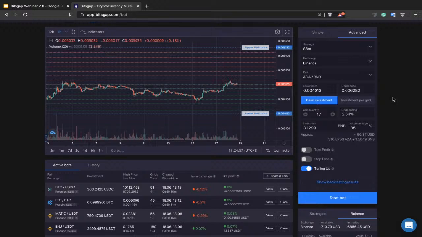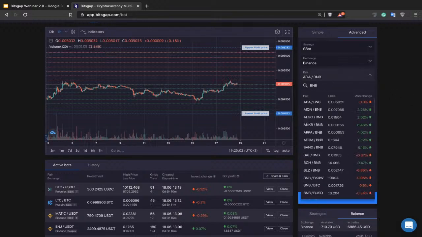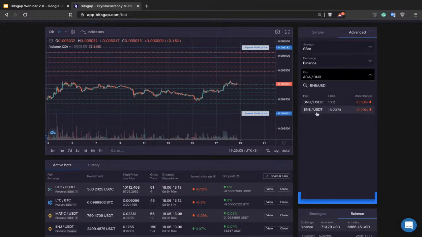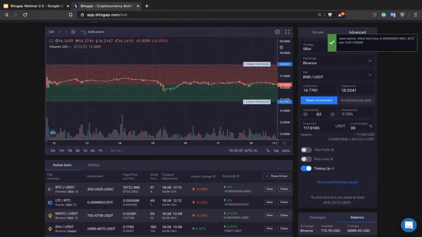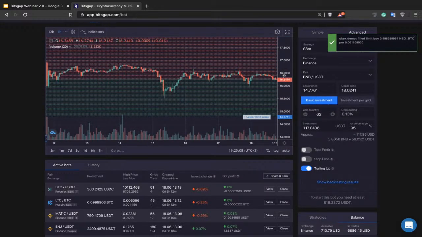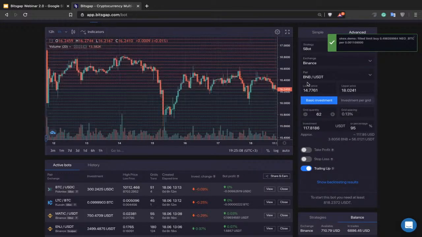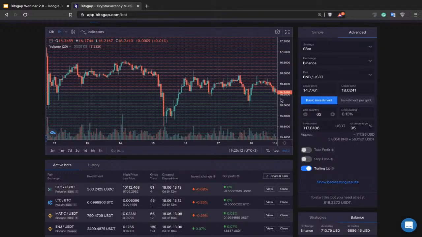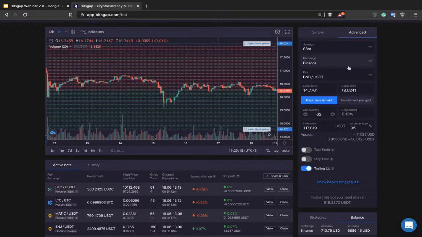So for instance, for Binance, if you want to trade, let's say, BNB USDT, the minimum order size is 10 USD. So that's the minimum. Other cryptocurrency exchanges can have higher minimum requirements, or they can have lower minimum requirements.